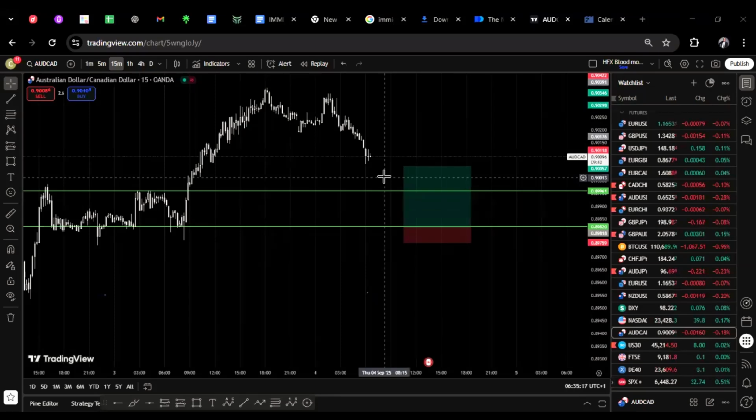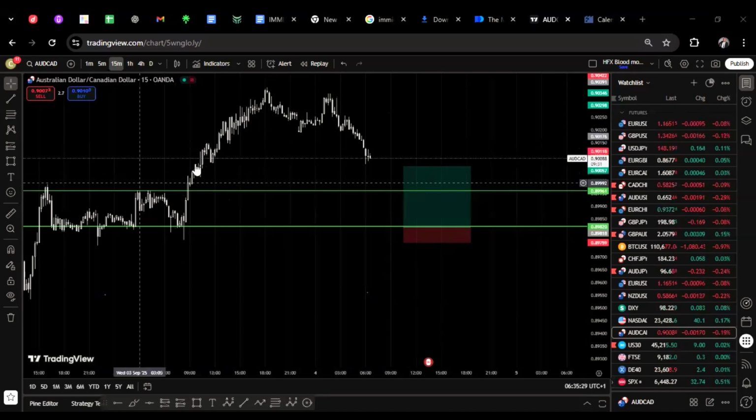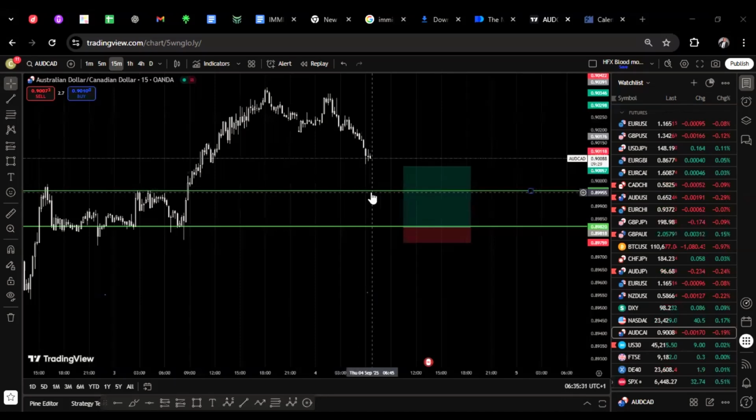One thing about analysis is that when you use break and retest as a strategy on its own, or when you trade with indicators, whatever the indicator tells you, you do, right?